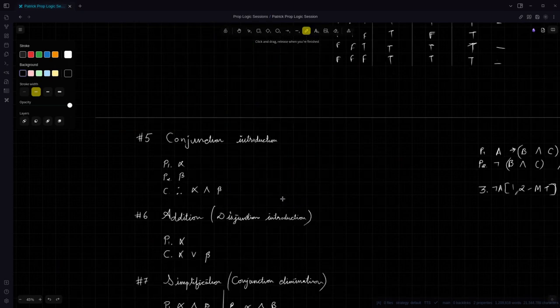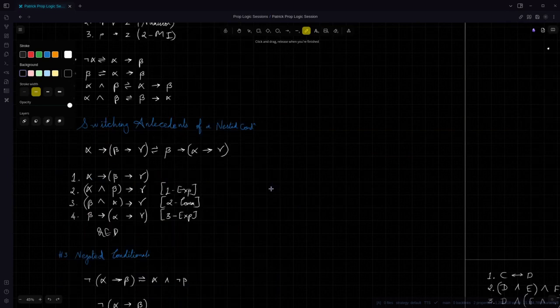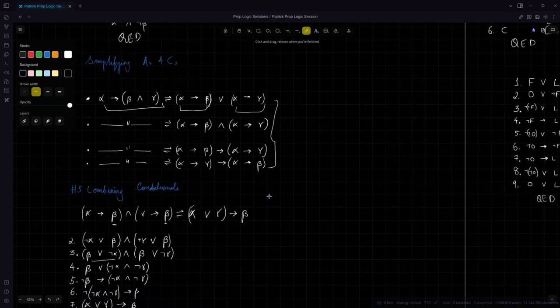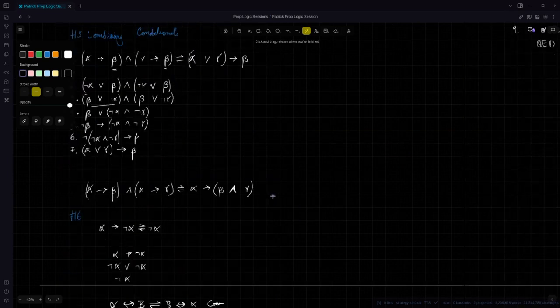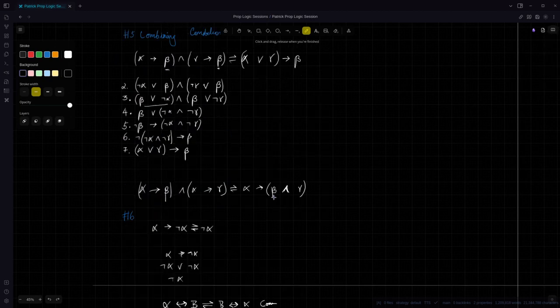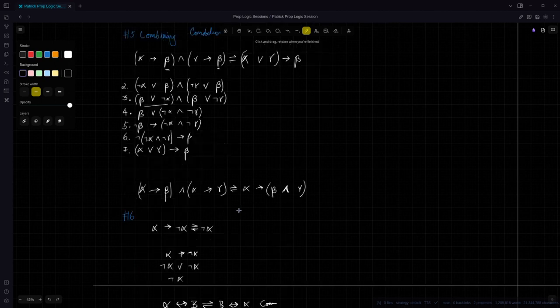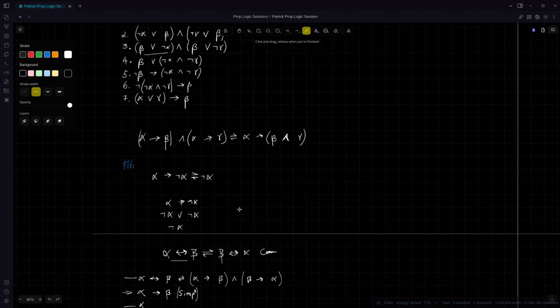And on top of those, we added a few tricks last time, right? Making conditionals, switching antecedents of a nested conditional, negated conditionals, simplifying antecedents and consequents, and combining conditionals. So in terms of tricks, we had about 6.